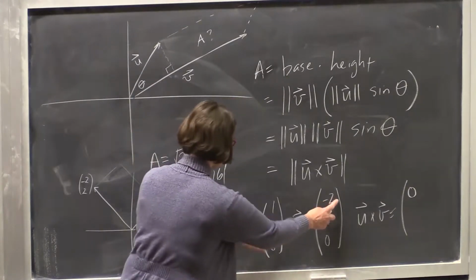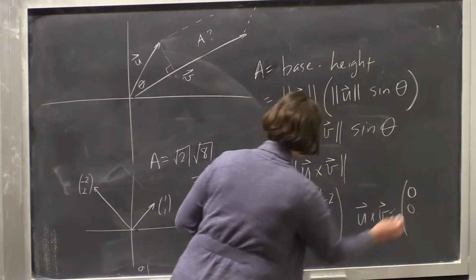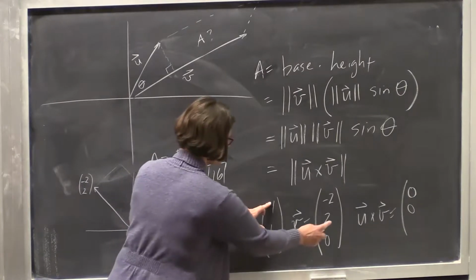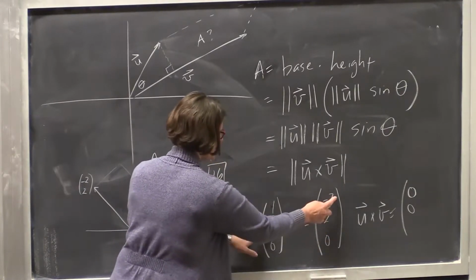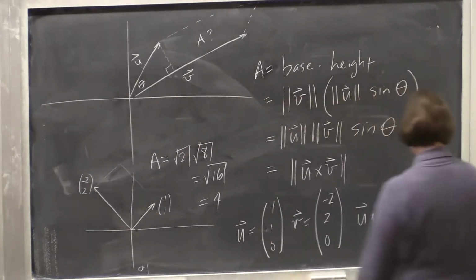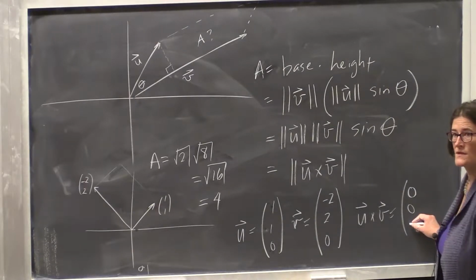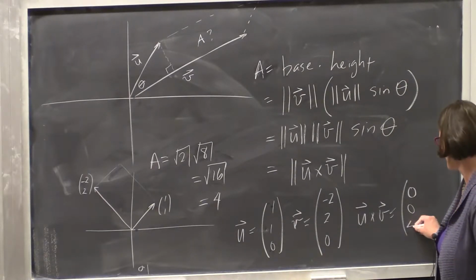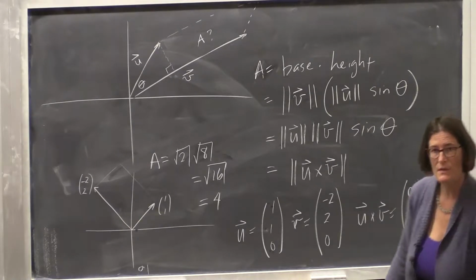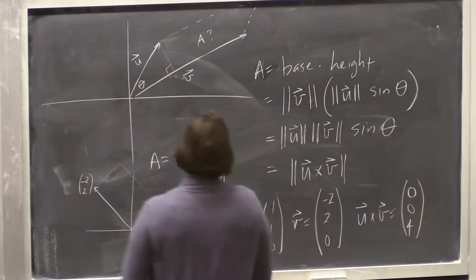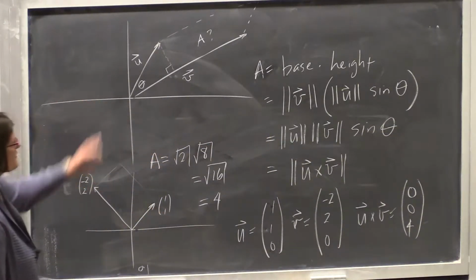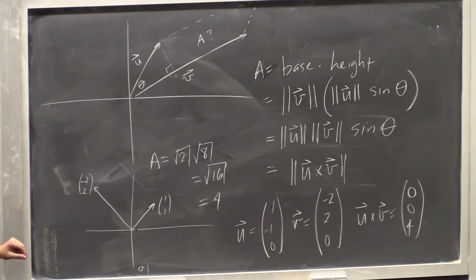This times that minus this times that is 0. This times that minus this times that is what? What's the third component? 4. And what's the length of that puppy? 4. Okay, so cross products give us areas of parallelograms.